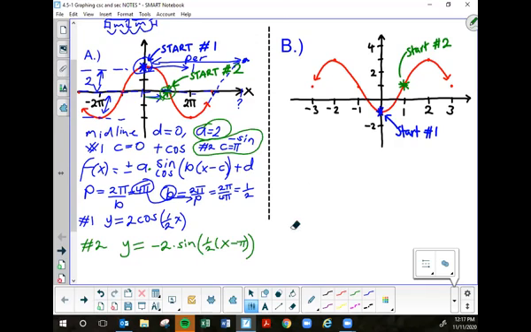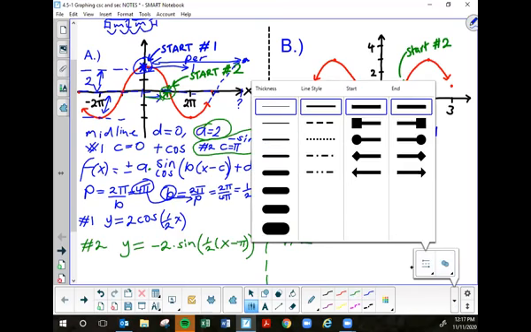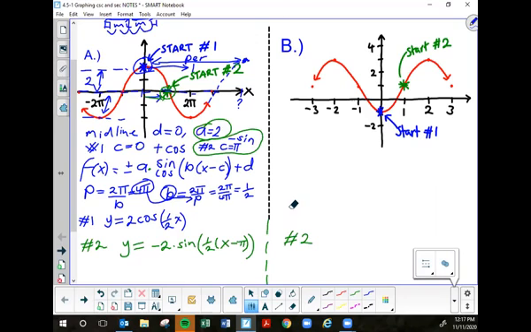Now you take a couple of minutes and write me for this second graph over here. Write me an equation for start number 2 and write me a separate equation for start number 1. Doing it the way we just did, you're going to first of all look for your midline. That's going to give you your value of d. Then you look at your amplitude.